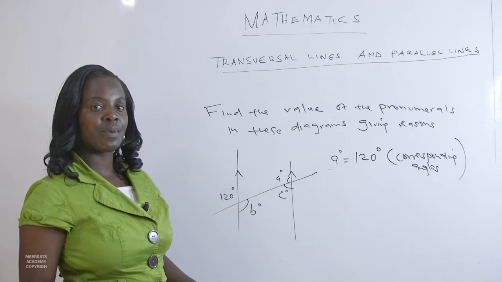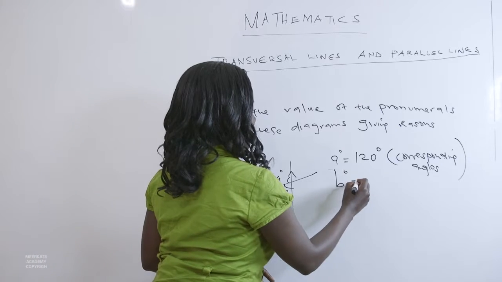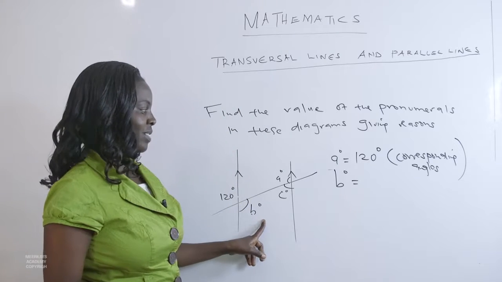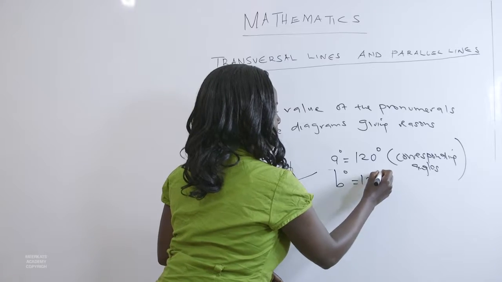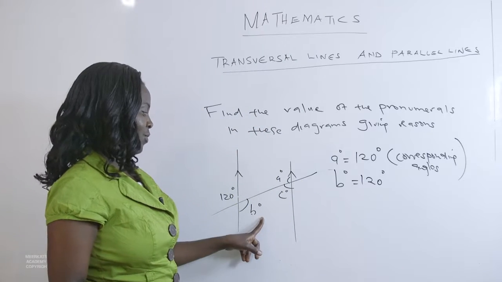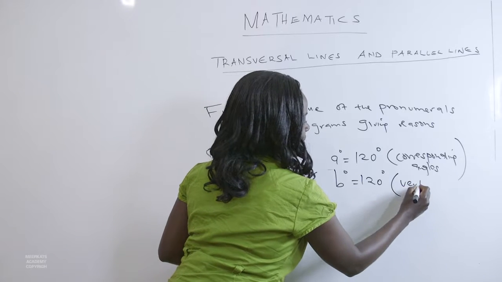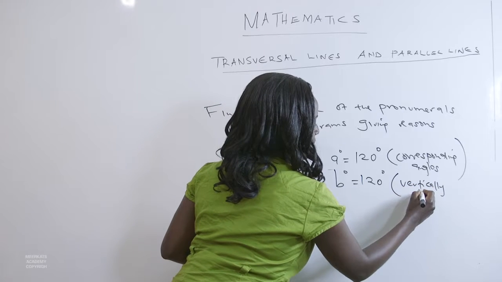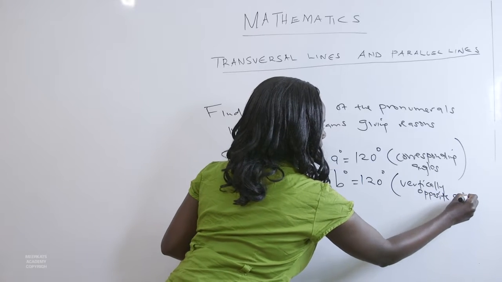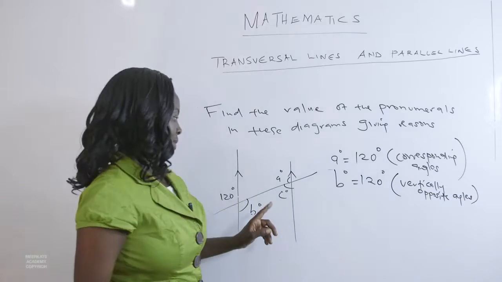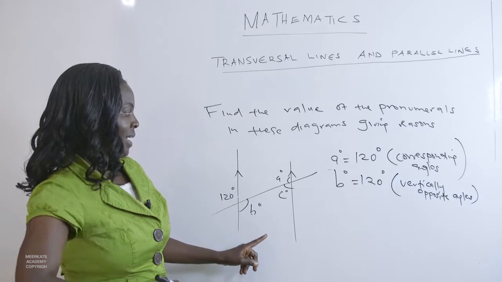B, what do you think is the value of B? B is also 120. Let's give the reason. Why is B 120? Vertically opposite angles. It is a vertically opposite angle with 120 degrees. C?